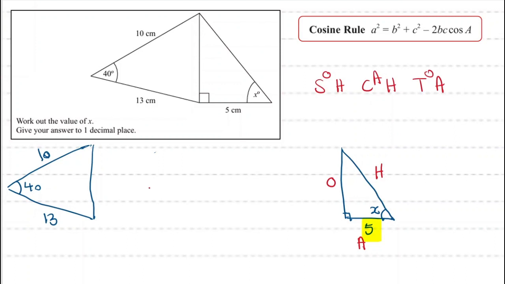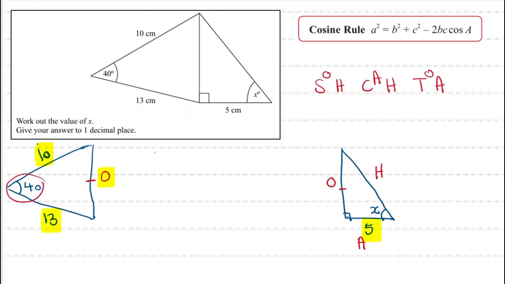We notice that the side opposite angle x, which is labeled as O, is in common between the two triangles. In the triangle on the left-hand side, if we label this side as O as well, then we notice that we have 1, 2, and 3 sides and 1 angle.